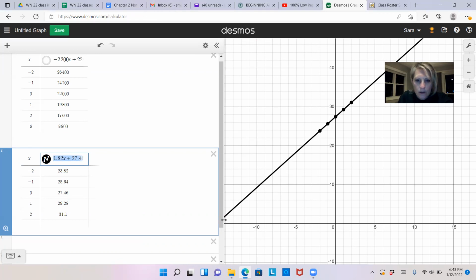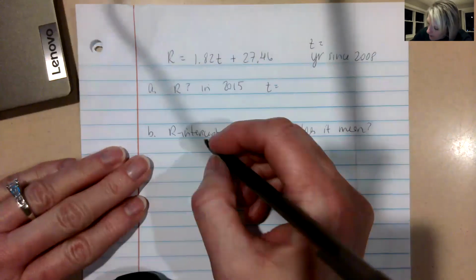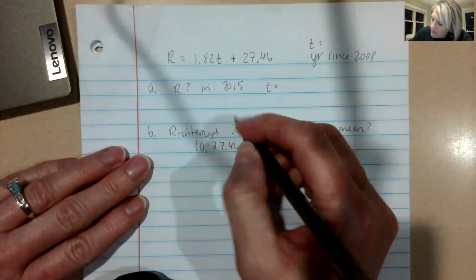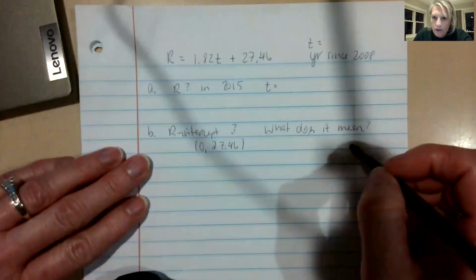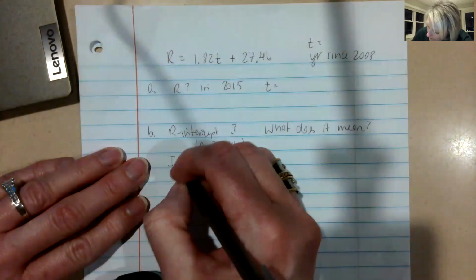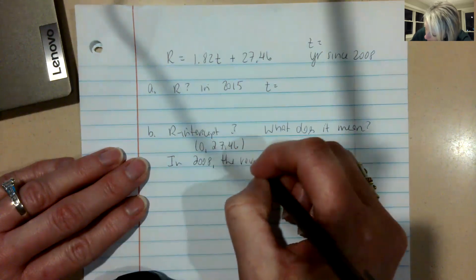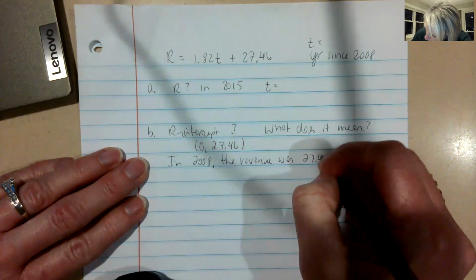So let's go ahead, and I'm going to share my paper so that you can see that. So the R-intercept is (0, 27.46). That's this value right here. So that's in our starting year of 2008. So in 2008, the revenue was 27.46.